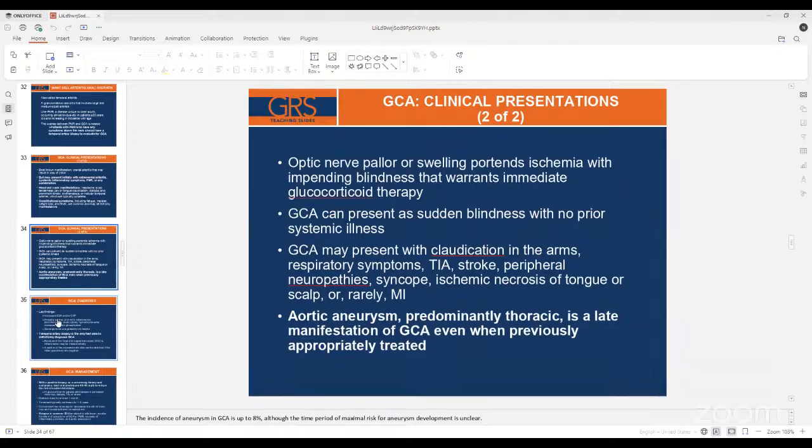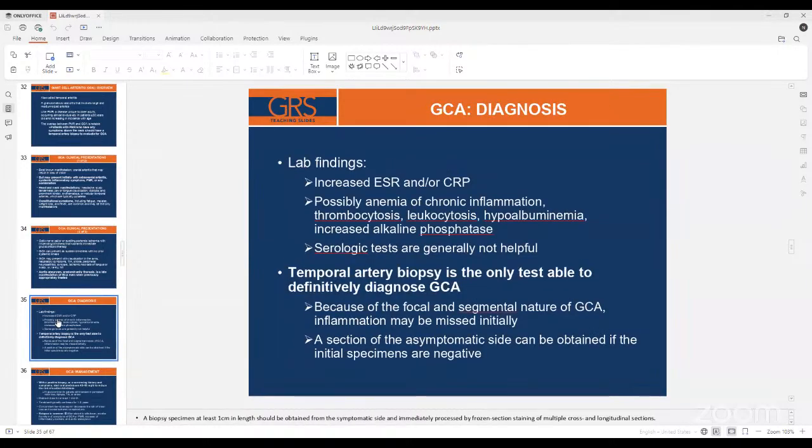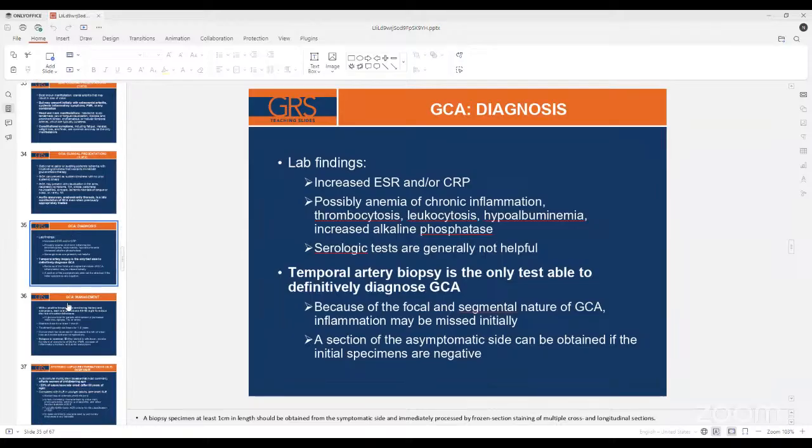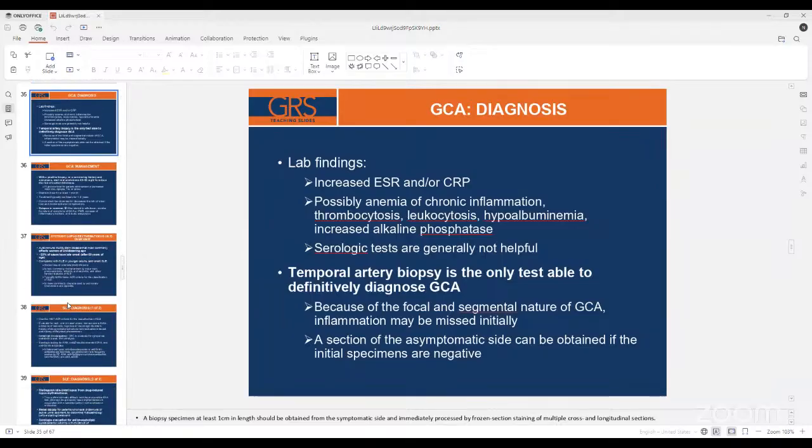For diagnosis, lab findings include increased ESR and CRP, possible anemia of chronic disease, thrombocytosis, leukocytosis, hypoalbuminemia, and elevated ALP. Serological tests are generally not helpful. Temporal artery biopsy is the only test able to definitively diagnose giant cell arteritis.